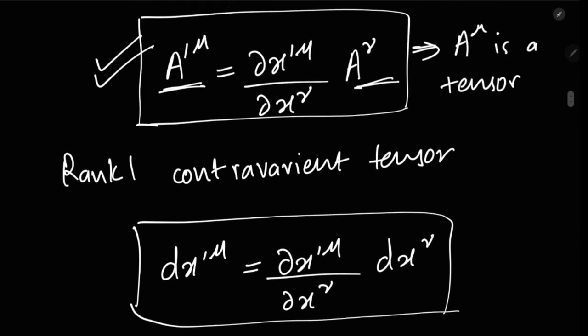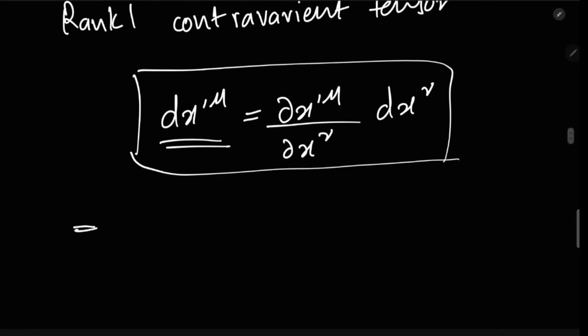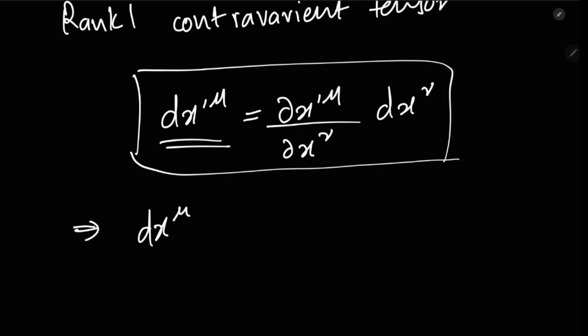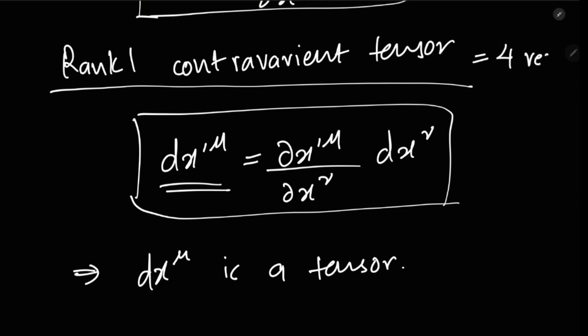So we have this relation. Now comparing this with the above relation, we can see that dx prime mu is in fact transforming like a tensor. So it is a tensor. We conclude that dx prime is a tensor. Sorry, dx mu is a tensor. This rank 1 contravariant tensor is also called a 4 vector.